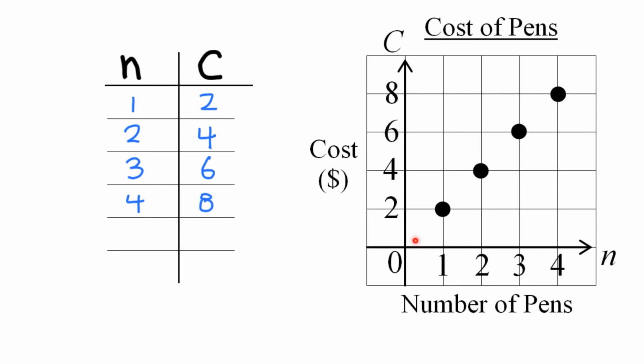Here's a question. We know this forms a linear relation, which means all the dots form a straight line. My question for you is, instead of having N equals 1 or N equals 2, could I go in between these 2 points and put my own dot in the middle, but still keep it on this line?